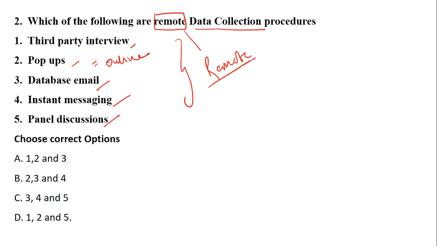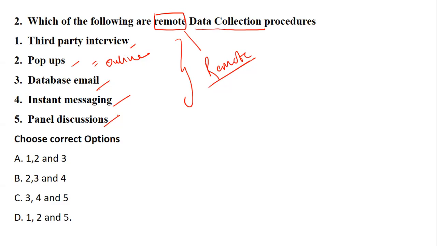So what exactly does remote data mean? It means the practice where you can do your data collection in a virtual way. So which of them? Whether it is third party interview, pop-ups, database email, instant messaging or panel discussion, you have to decide.